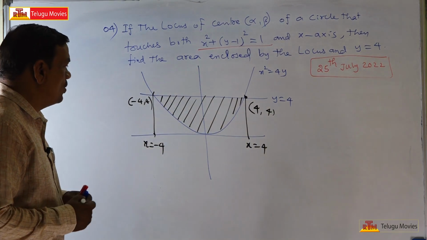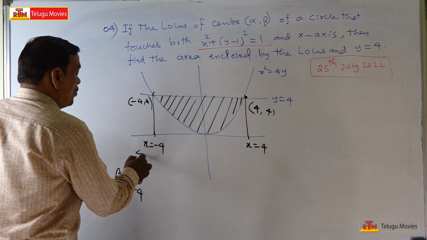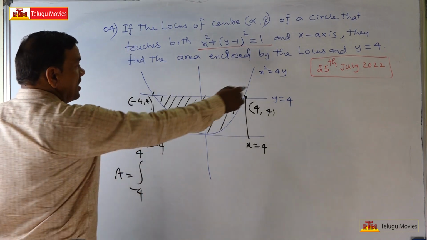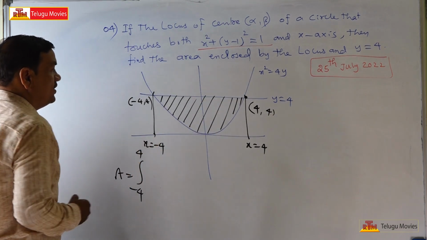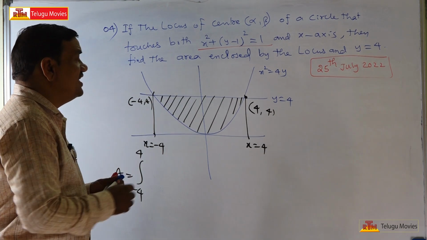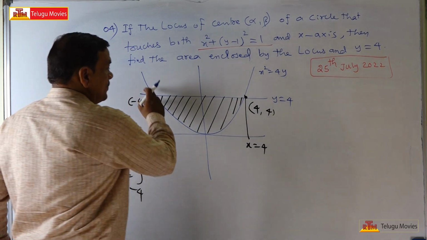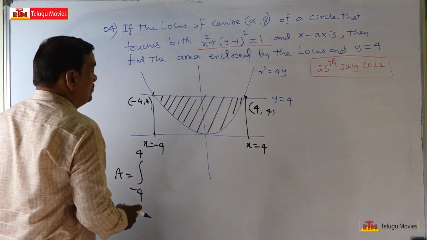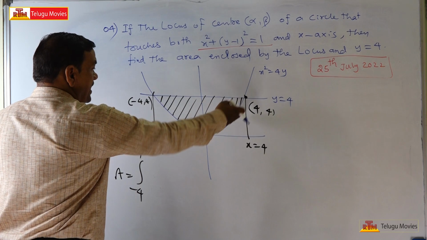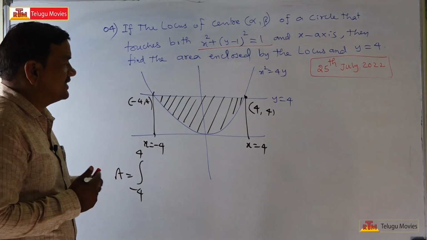So you can find the area as the integral from minus 4 to 4, with the upper curve and the lower curve, with respect to the y axis.